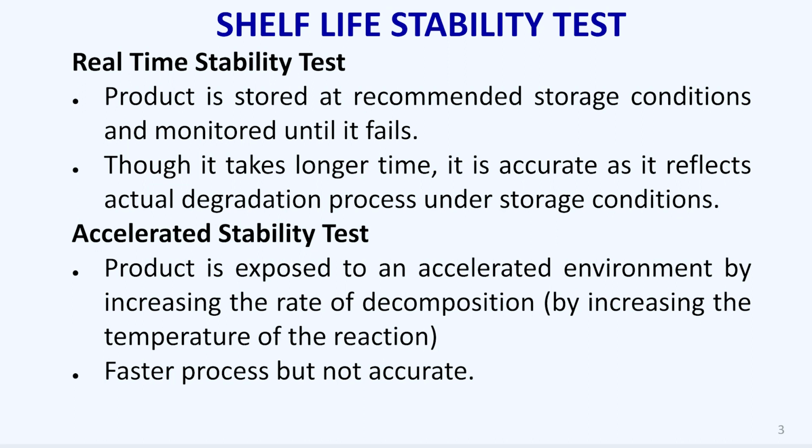Though this process takes a longer duration, it is accurate compared to the accelerated stability test, as the analysis gives the actual degradation or quality deterioration of the food product under storage condition. The second test is the accelerated stability test.